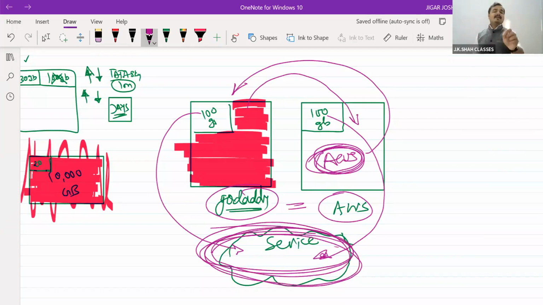That is called interoperability. Between two clouds, there may not be a common service which can be shared with each other. So either you need to discontinue with GoDaddy, and GoDaddy will not refund your money. Major issue. It's a costly resource. And on Amazon Web Services, you will purchase the resources as much as you need. So there is a restriction.